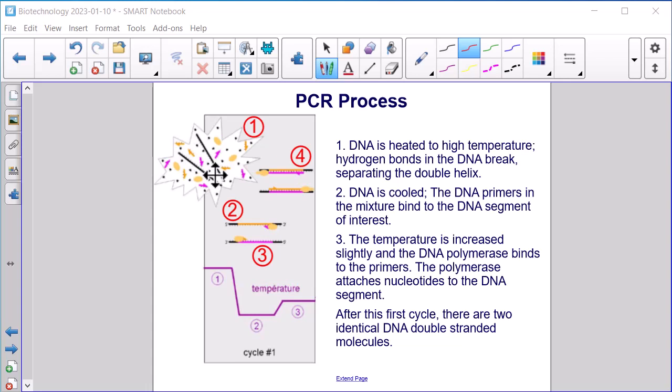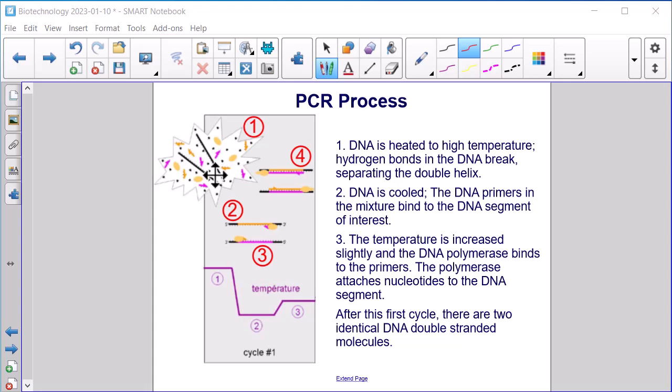Okay, so then you get two distinct strands. In step 2, the DNA is cooled and the DNA primers that are in the mixture bind to the DNA segment of interest. The temperature is increased slightly and the DNA polymerase binds to the primers in step 3. The polymerase then attaches nucleotides to the DNA segment.